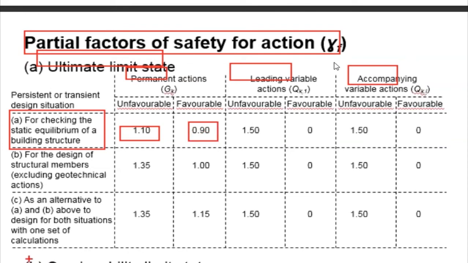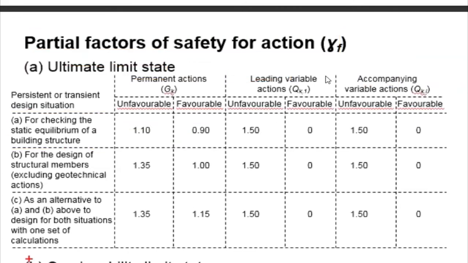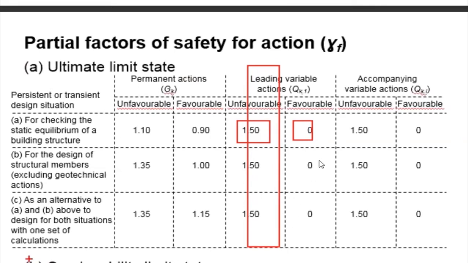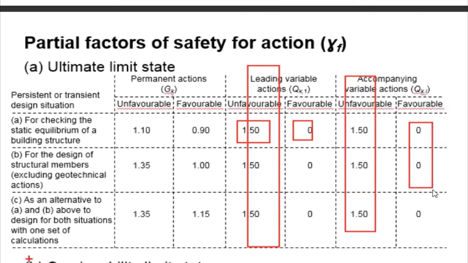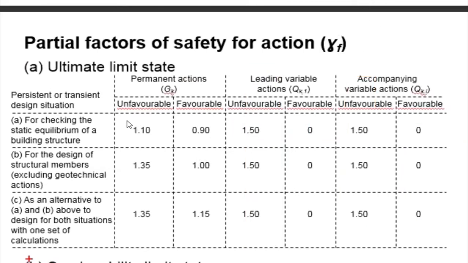But once you consider the live load or action load, the value for unfavorable is 1.5, but for the favorable it is 0. For the leading value it is 1.5, and the accompanied value is 1.5, but for the favorable it is 0. The alternative here is only for the permanent load.